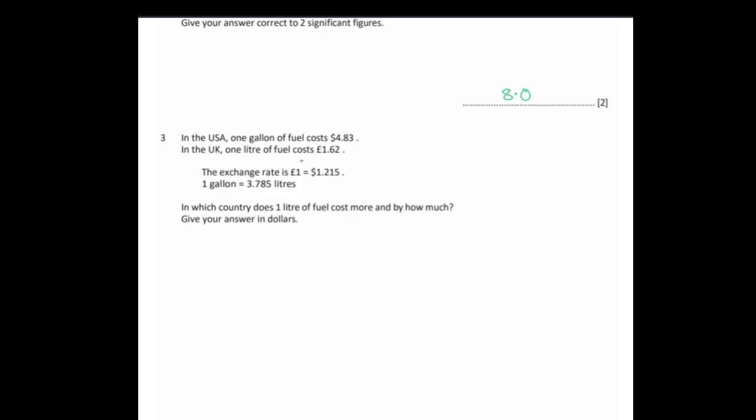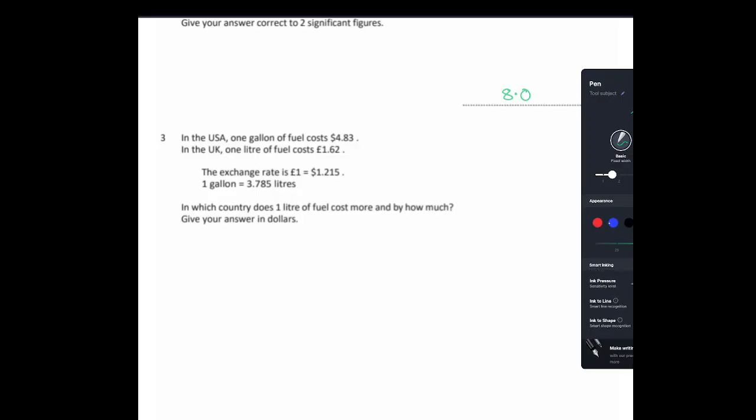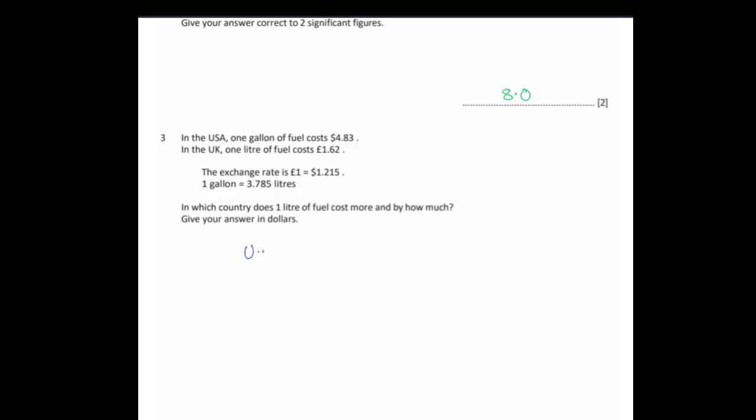In the UK, 1 liter of fuel is 1.62 pounds multiplied by 1.215 dollars for 1 pound.